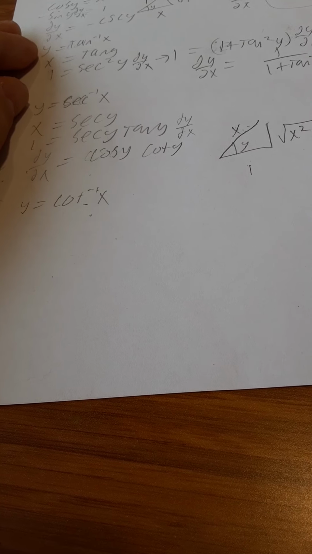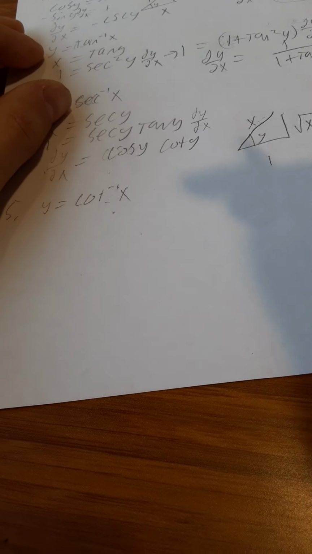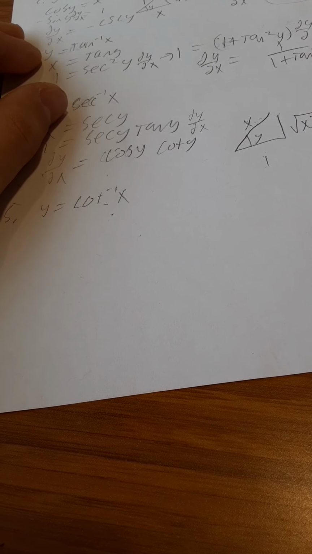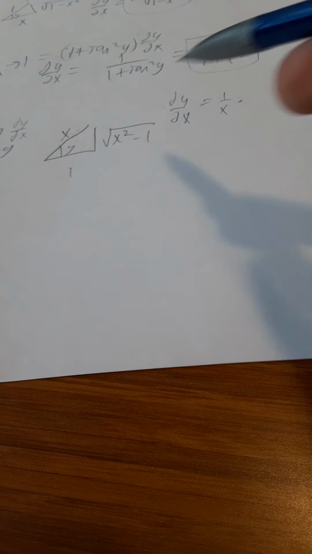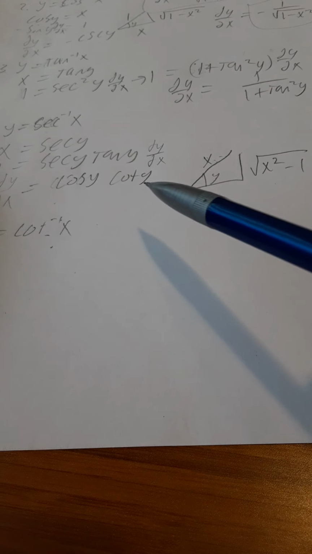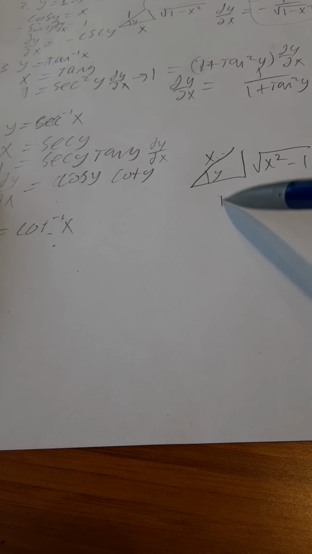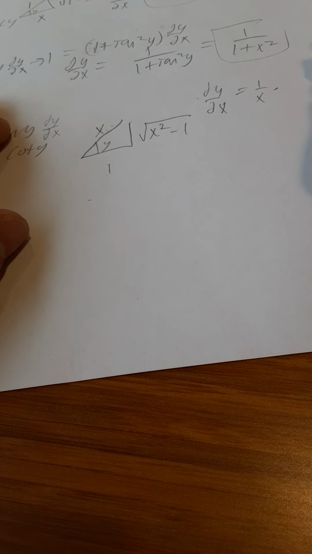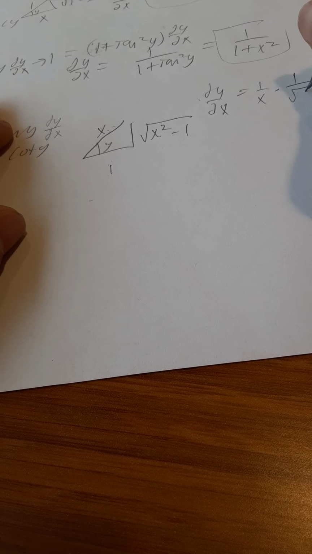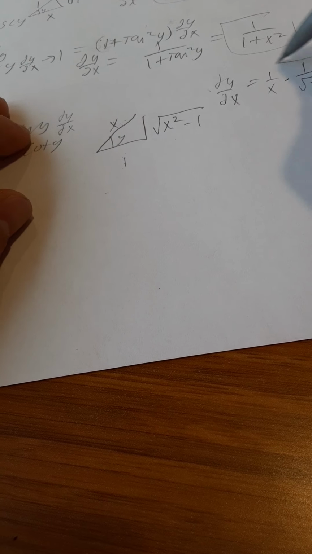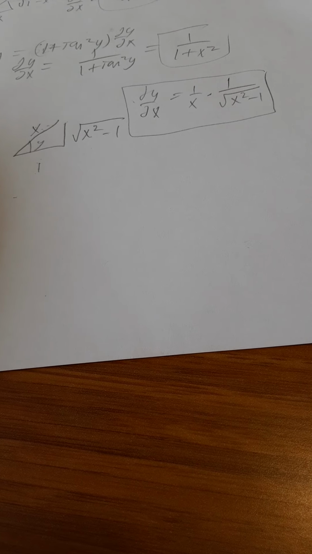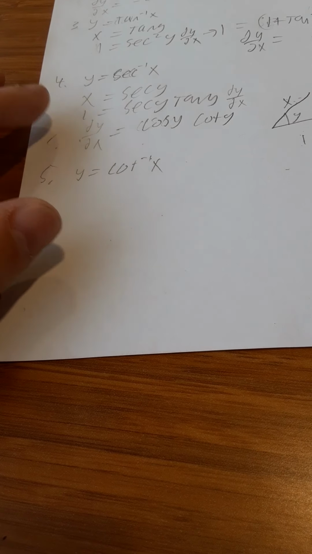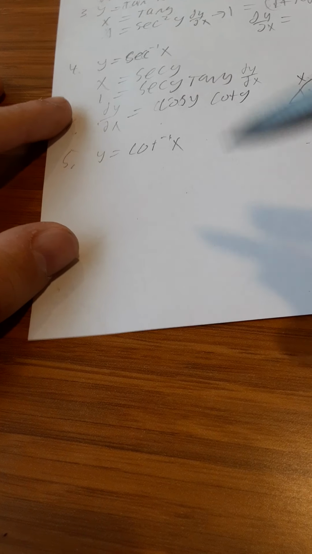We have dy/dx equals cosine y, which is 1 over x, times cotangent, which is adjacent over opposite. So we have 1 over x times the square root of x squared minus 1. And that is how we get arc sec. And arc cosec is the exact same method.